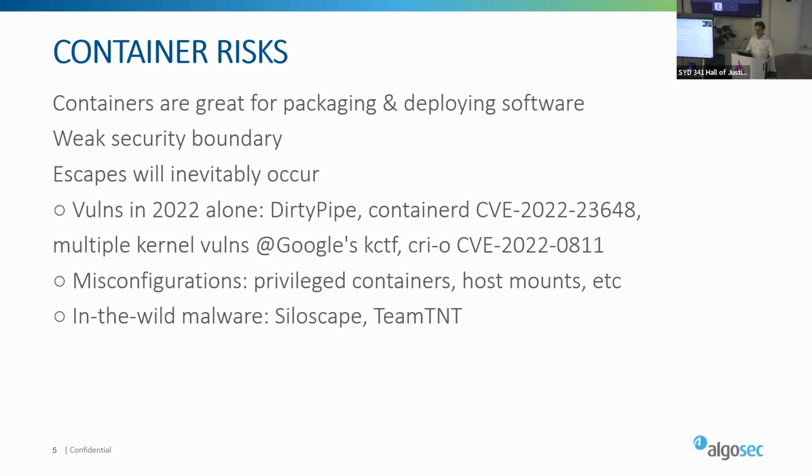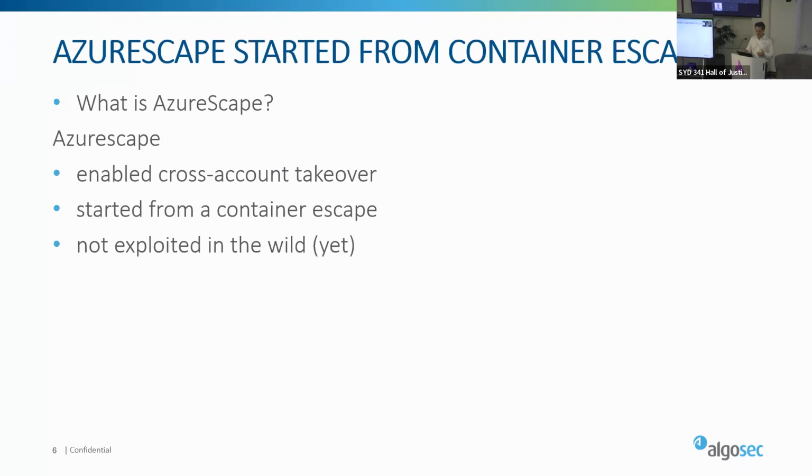There was also a container escape and Azure escape, which was not exploited yet, but potentially could be, where a hacker can jump between companies. If he was able to escape a container, get to root, then breach the cluster, then escape the cluster, and then move to another company's logic, he could steal things and propagate.